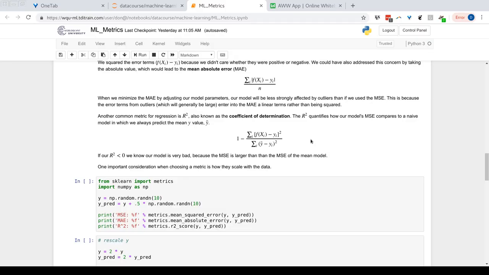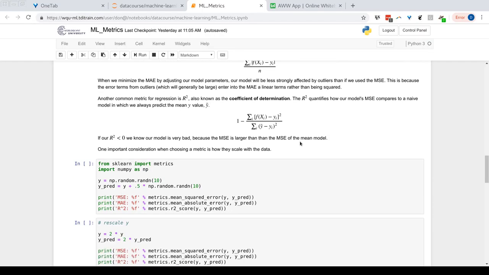So the numerator and the denominator are equal to each other, and our R squared value is 1 minus 1, which is 0. So if we evaluate our model and get an R squared value of 0, well, guess what? Our model doesn't do much better than just predicting the mean value. It's unfortunate, but that might happen.